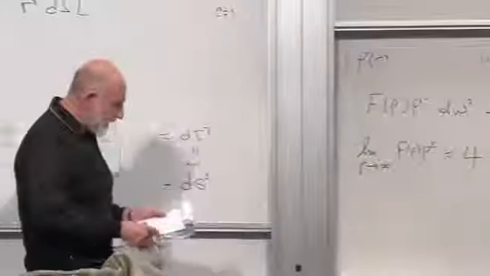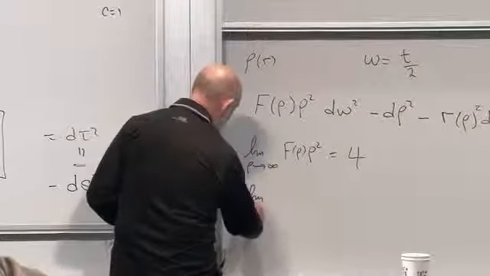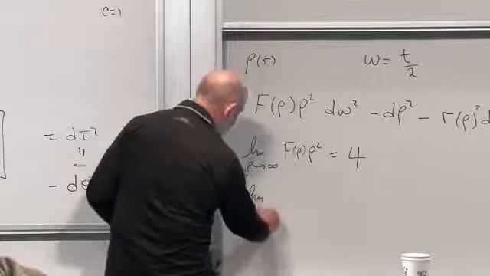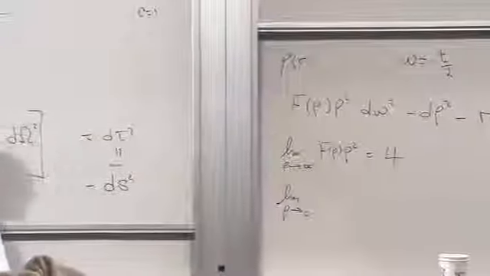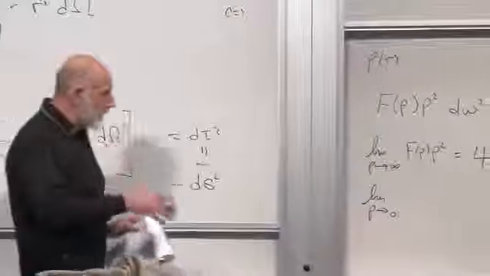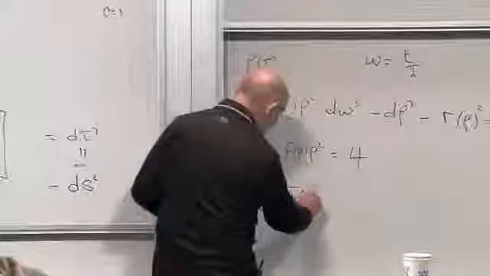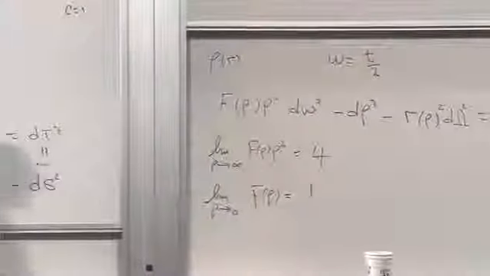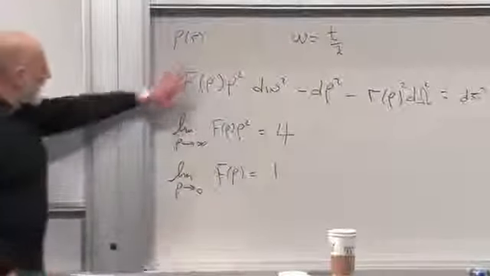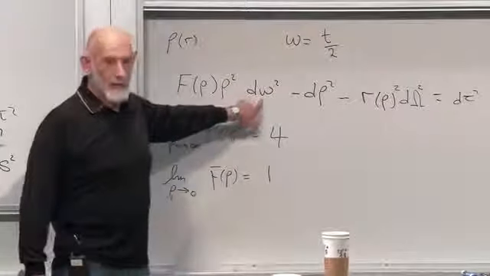That's one thing. Next, limit as rho goes to 0. Rho goes to 0 is getting right up against the horizon, and it's where we're really interested, trying to find out what's going on at the horizon. F of rho is equal to 1. So close to the horizon, f of rho is just equal to 1, and you just have rho squared d omega squared.